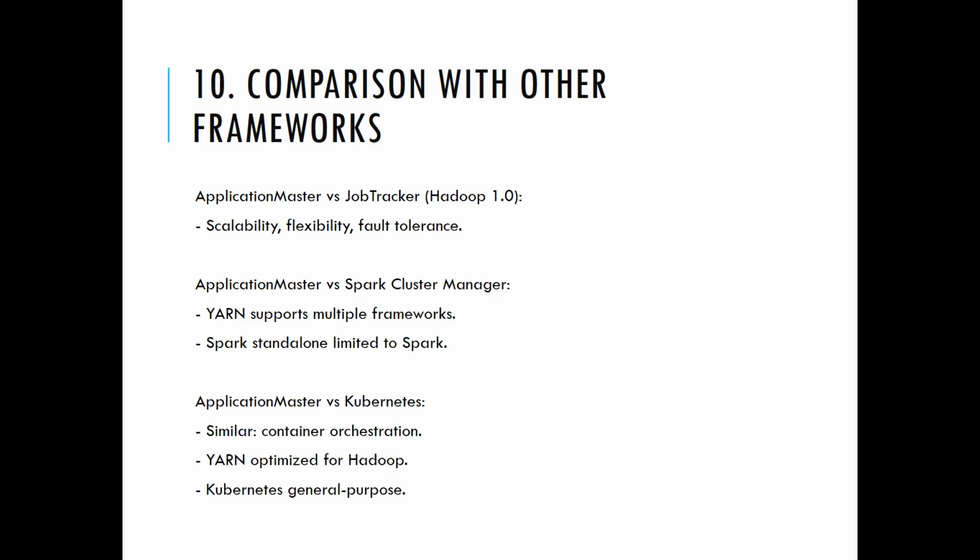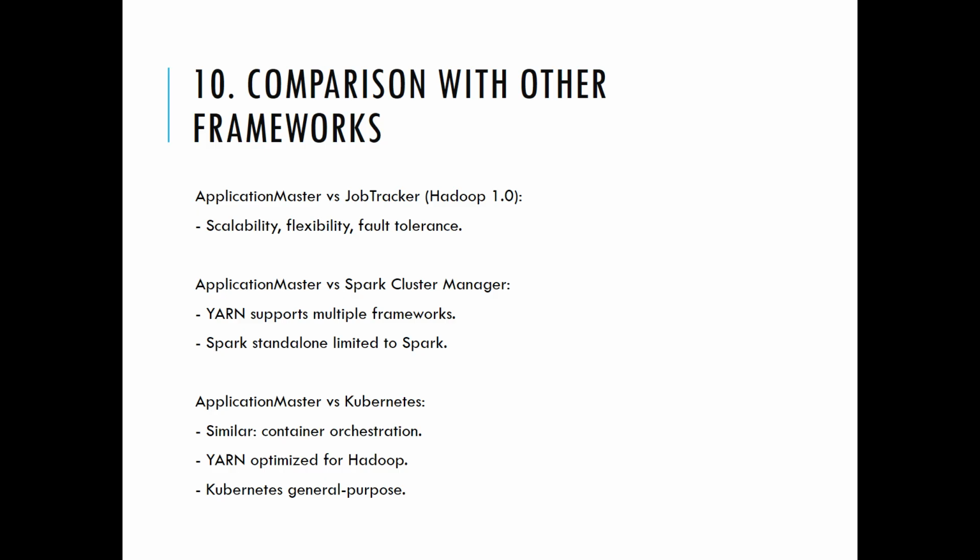It's useful to compare the application master model to other frameworks. Compared to the old Hadoop 1.0 job tracker, the AM model wins on scalability, flexibility, and fault tolerance due to its distributed nature. Compared to a Spark standalone cluster manager, YARN's application master framework is more general purpose. It can run Spark, MapReduce, and other applications simultaneously on the same cluster, while Spark standalone is limited to Spark applications.